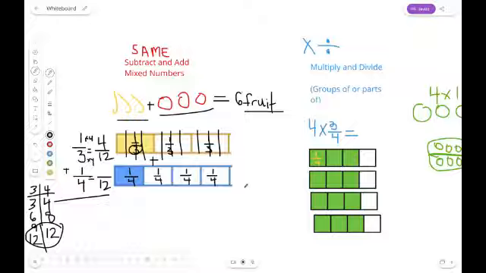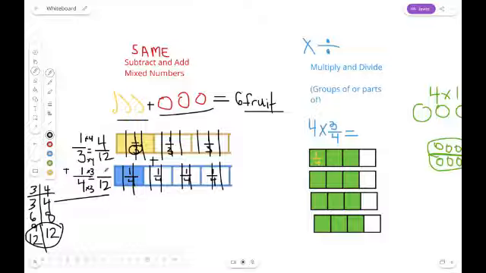So then what about my fourths? Well, if I need to have 12 pieces on the bottom rectangle as well, I can split them into thirds. If I split each fourth into thirds, I have 1, 2, 3, 4, 5, 6, 7, 8, 9, 10, 11, 12 equal size pieces. It's like multiplying 4 by 3 and 1 by 3.